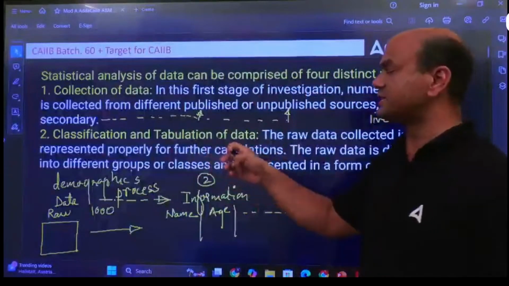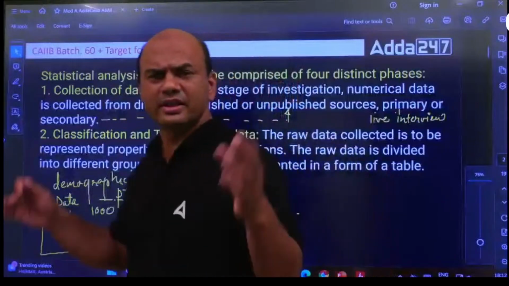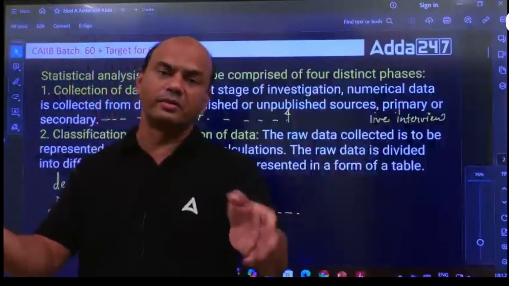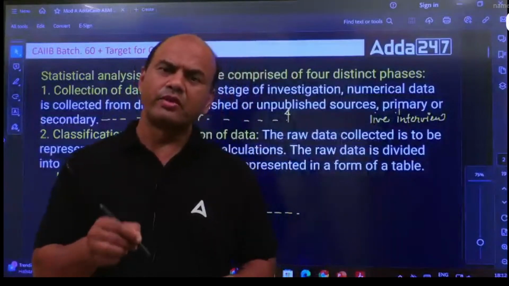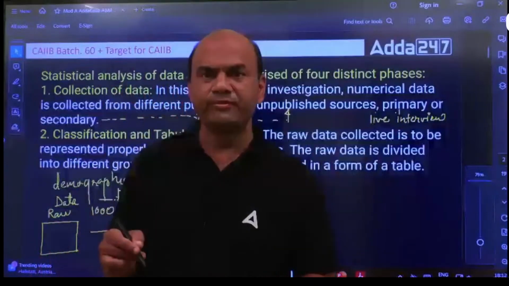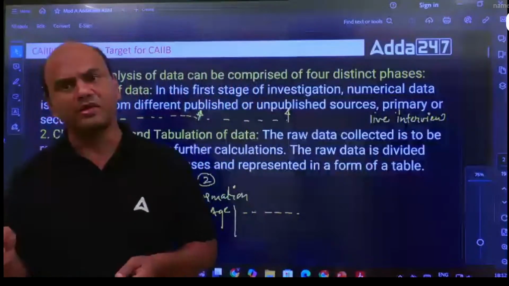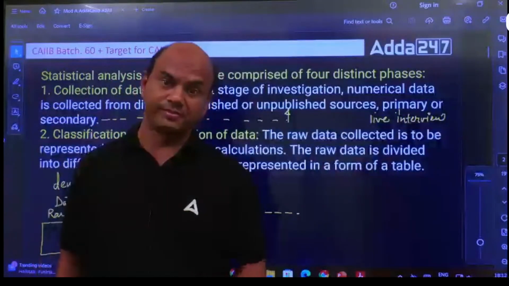Then classification and tabulation, next step. Classification and tabulation means what? Once I collect the data, let's say I give 1000 forms to 1000 respondents, all of them fill up. What is your name, gender, what is your job, how much salary are you getting, all these details. So 1000 forms will come to me.